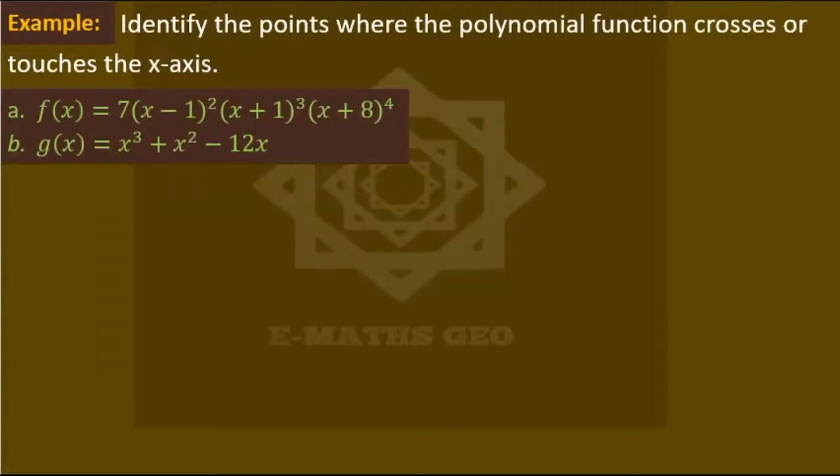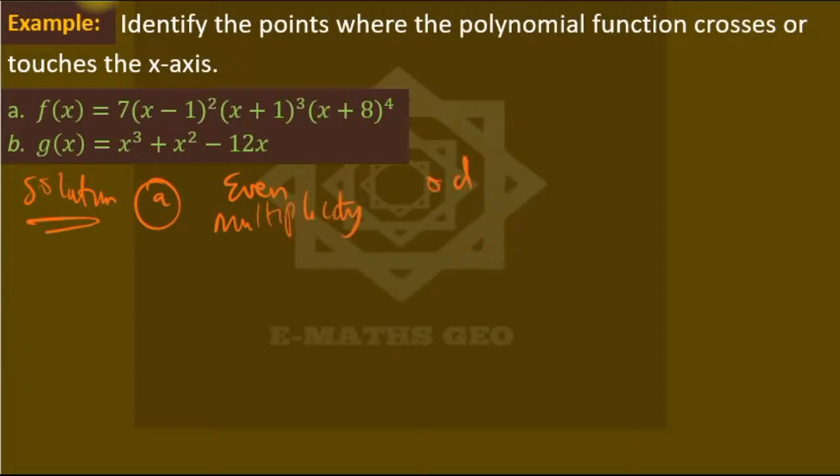So look at this. They say identify the points where the polynomial function crosses or touches the x-axis. For the first one, let's group with even multiplicity and odd. Which of them is even?